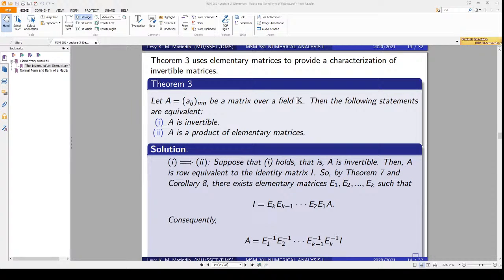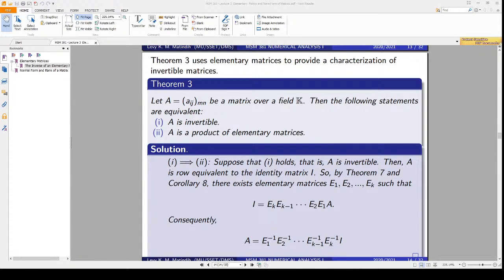So by theorem 7 and corollary number 8, remember, if A is row equivalent to matrix I, then the identity matrix I can be written as a product of elementary matrices with respect to A. Because A is invertible, it is row equivalent to the identity matrix.